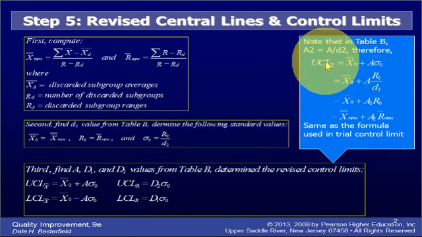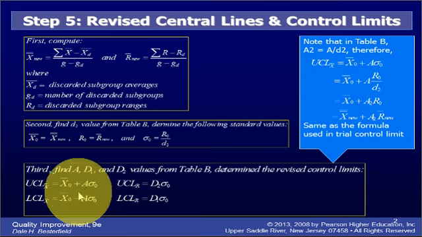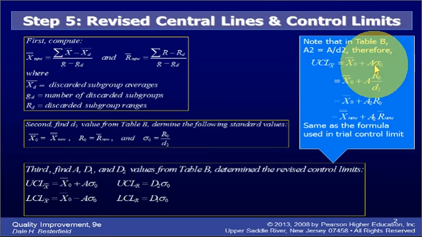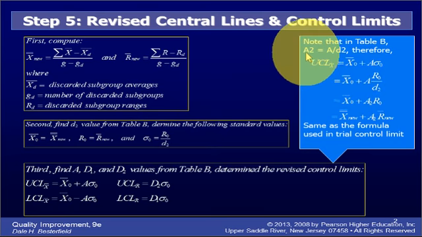So now if you expand this formula for the UCL Xbar, this sigma 0 is defined as R0 divided by D2. And you can verify that from your table 2. In table 2, the A2 value is the same as the A value divided by the D2 value.